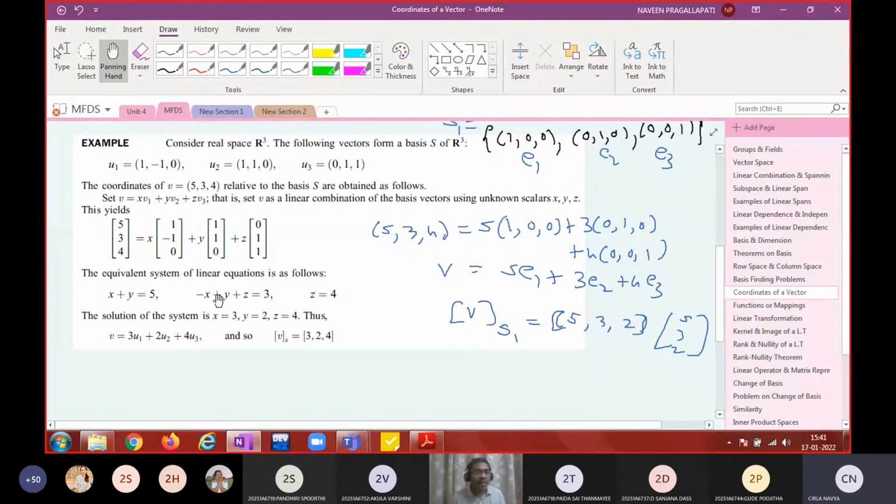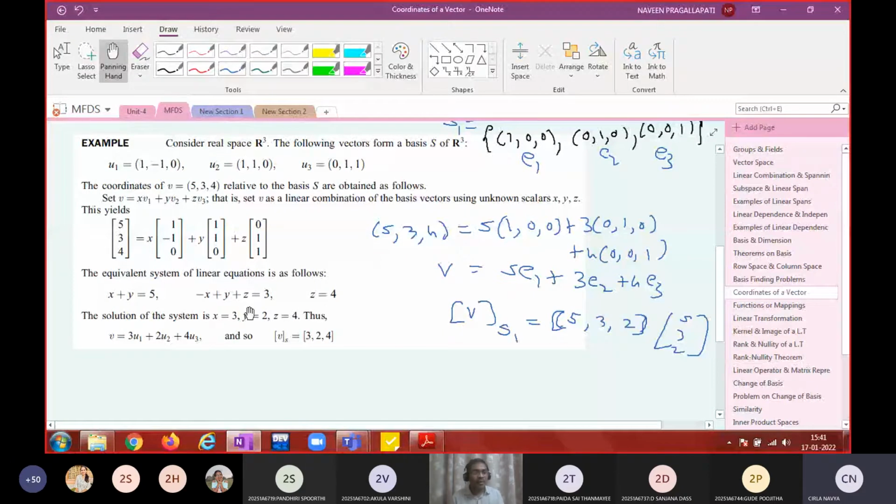How do you find out? If I want to express this vector as a linear combination of a given set of vectors, I explained the procedure earlier. Take the linear combination: x plus y plus 0 equal to 5, minus x plus y plus z equal to 3, 0 plus 0 plus z equal to 4.